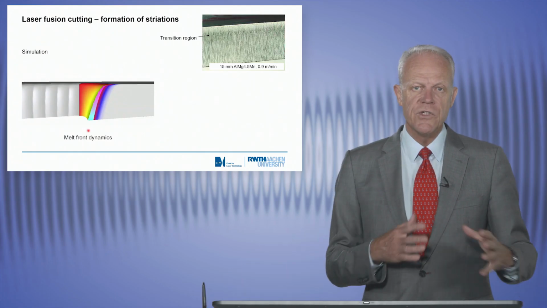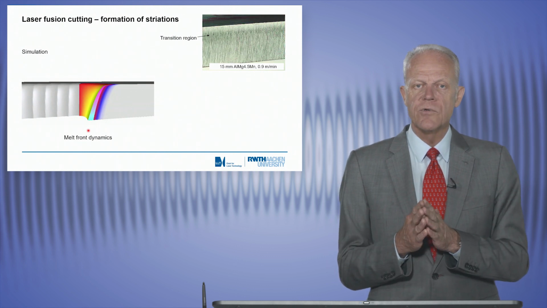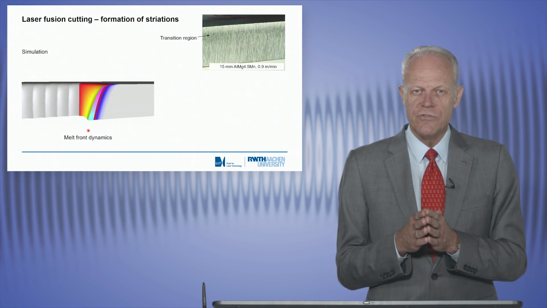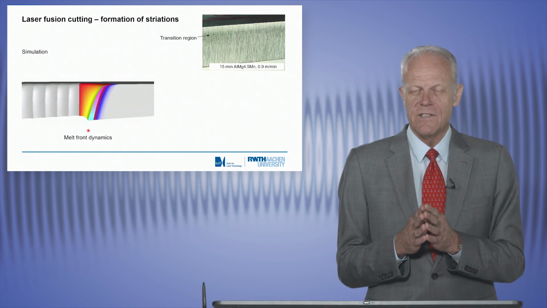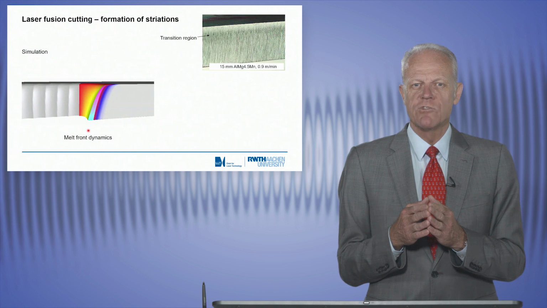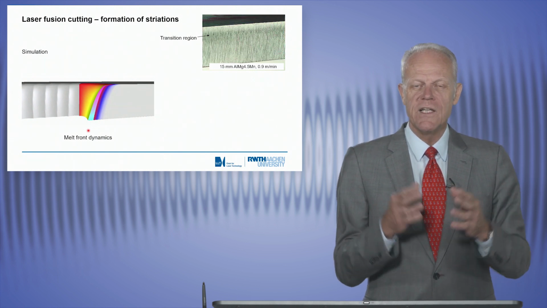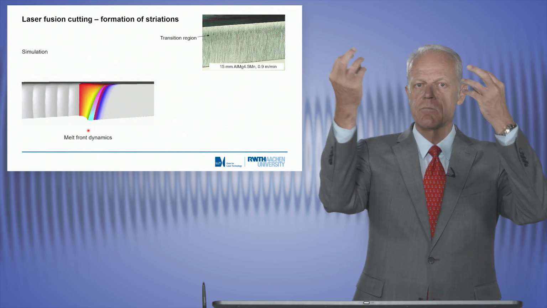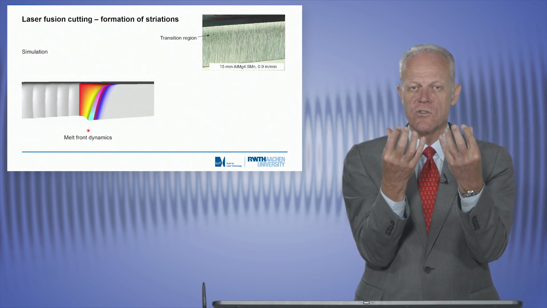This periodic nature of the cutting process can be observed very simply in a very practical example. If you think of rain drops at a window, you will see that on top of the window there will just be the little drops and they will stick there as drops.